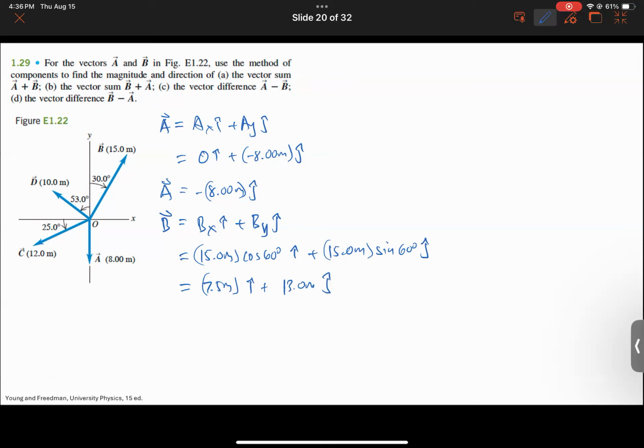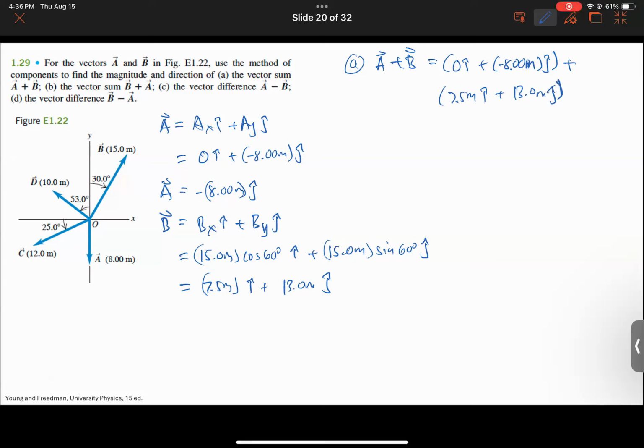So to get A plus B, we have 0 I hat plus negative 8.0 meters J hat plus yung B ay 7.5 meters I hat plus 13.0 meters J hat.